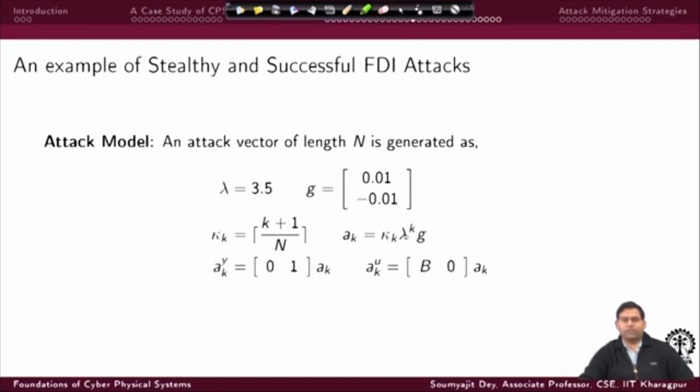At every kth instance the magnitude of this value is increasing, and g is a constant value. So, you are ensuring that this overall attack value is slowly increasing with every kth instant, because lambda is increasing exponentially and k is increasing in a linear manner. Over a length of n, maybe a significantly large value, you are injecting different attack values.